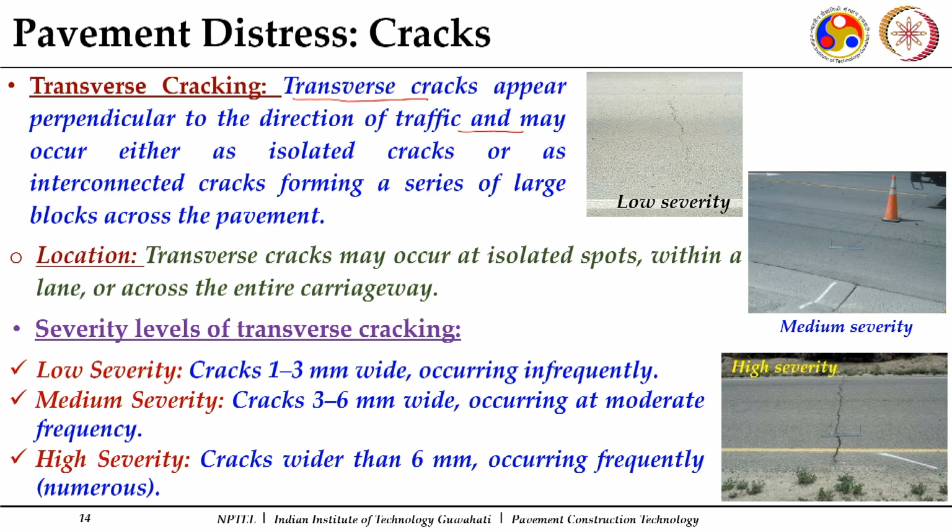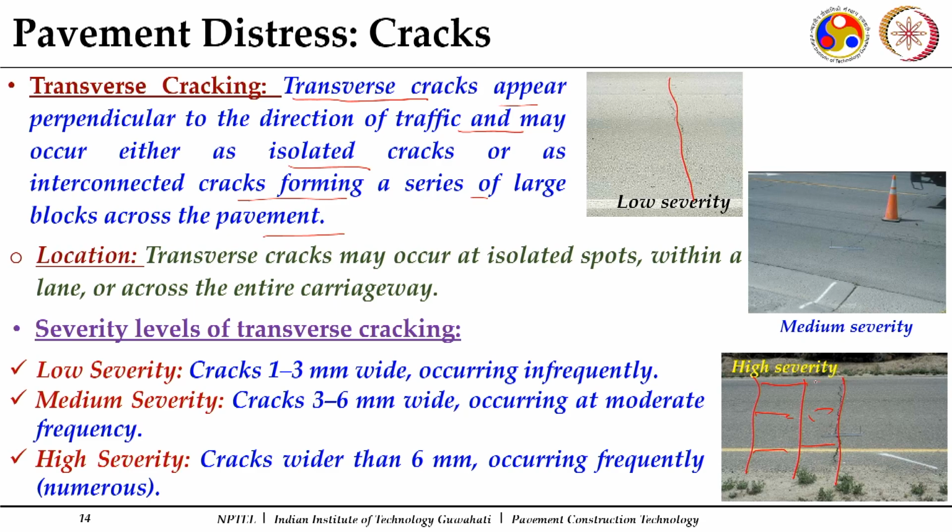So transverse cracks appear perpendicular to the direction of the traffic and may occur as an isolated crack, you can see one single crack, or as interconnected cracks forming a series of blocks. There may be interconnected ones like this way also.